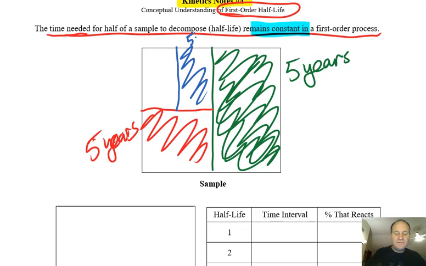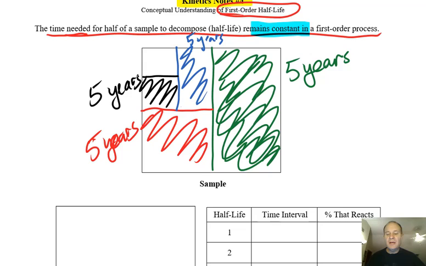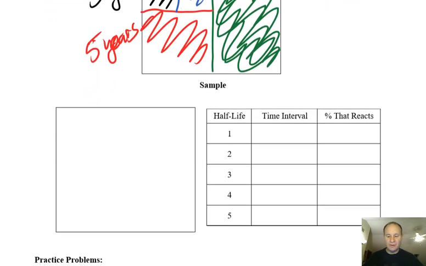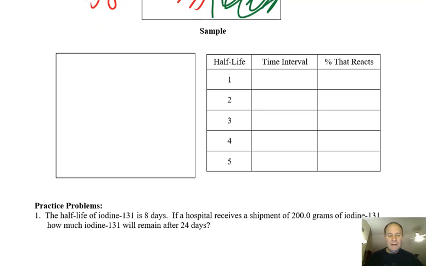So now we're at 15 years total, and then another 5 years goes by, and it just keeps cutting in half over and over. So it's like a 5-year cycle in this example. It's always 5 years, and it always cuts the sample in half. That's a big deal today. And I don't think it's very difficult. In fact, it's not going to take me long to show you.